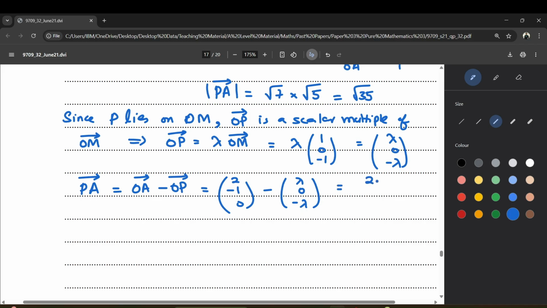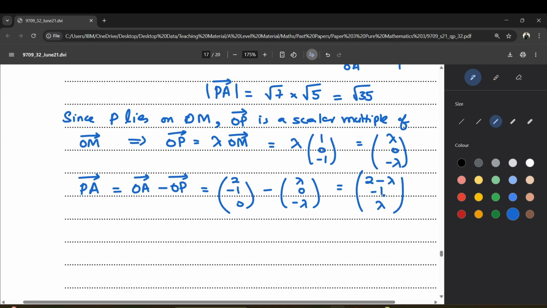So that would give us 2 minus lambda, minus 1 minus 0 is minus 1, 0 minus minus lambda is positive lambda. Now, why did I work this out? I have already worked out the magnitude of PA. So this is the column vector that represents PA.